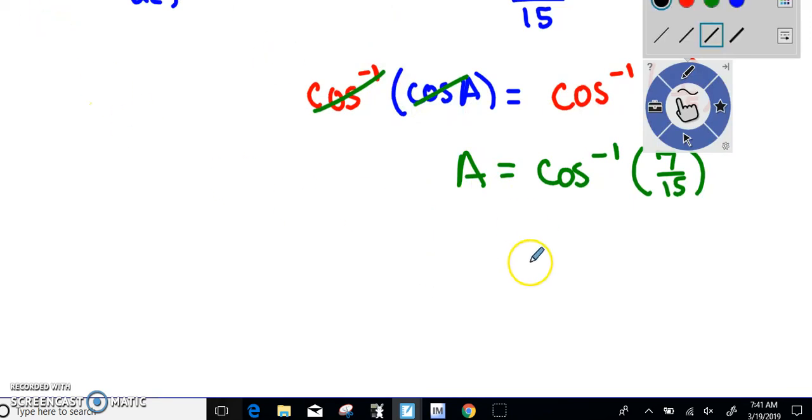Sorry guys, had technical difficulty there. So A is approximately 62.2 degrees, and that's it. So use the inverse when we're trying to find angles.